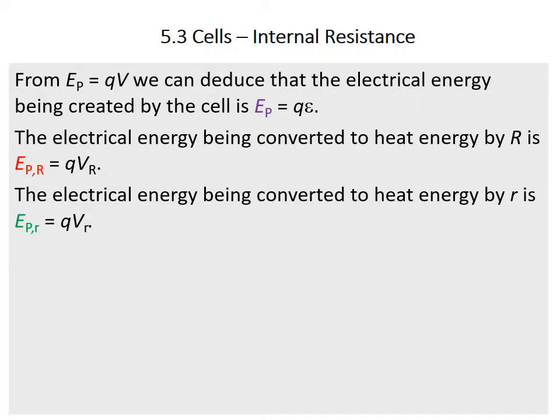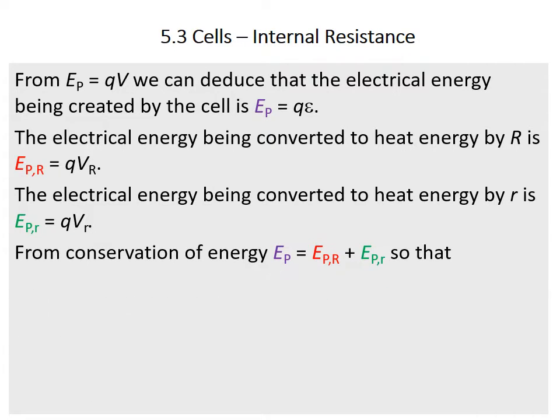The electrical energy converted to heat by the internal resistance then is Q times the voltage lost across the internal resistor in the cell. Conservation of energy tells me that E sub P equals the electrical energy dissipated by the resistor plus the electrical energy dissipated within the cell.